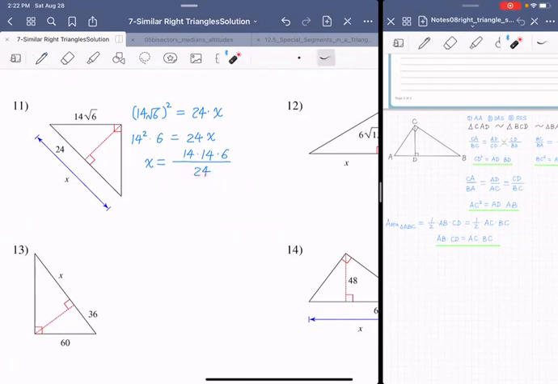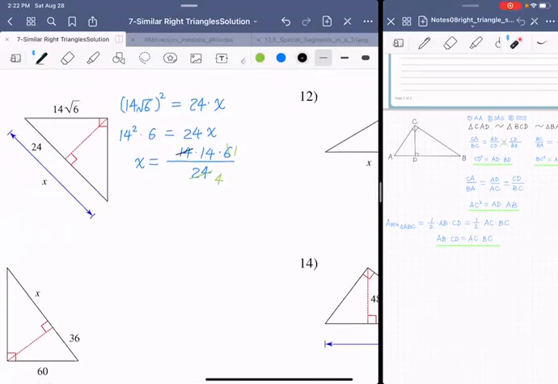Go ahead. 24 is... you can divide by 6 first. Equals 4, and 6 is 1. Continue. X equals 196 divided by 4. This divided by 2 is 7, and this divided by 2 is 7. This is 1. So this is 49.